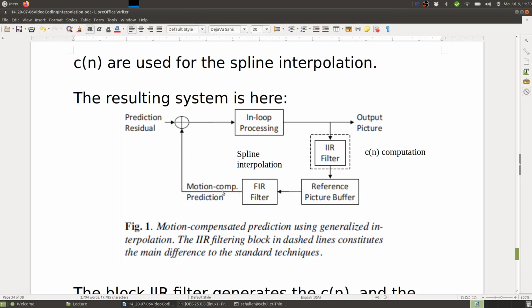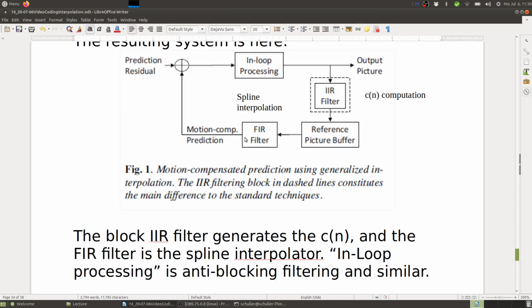And this is now used for motion compensation and prediction. Right, here you can have precise fractional pixel motion vectors applied for motion compensation and prediction. So this spline interpolation gives you more precision for this motion prediction and hence improved compression gain.